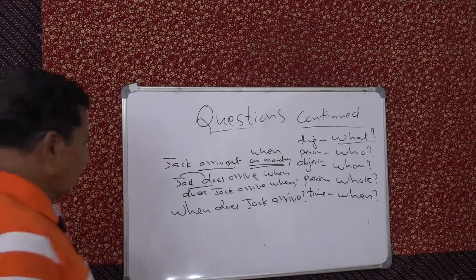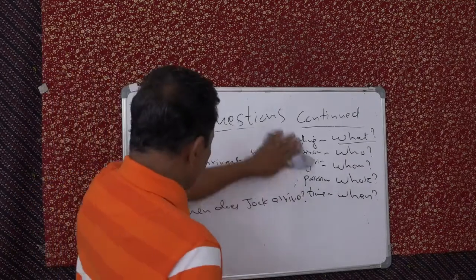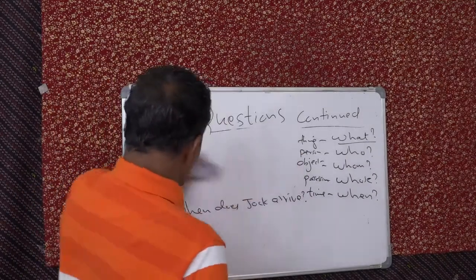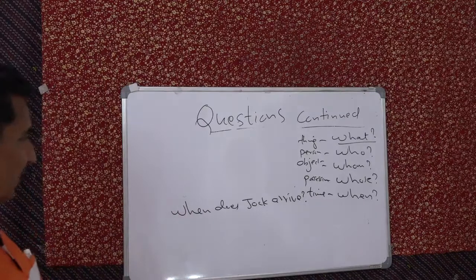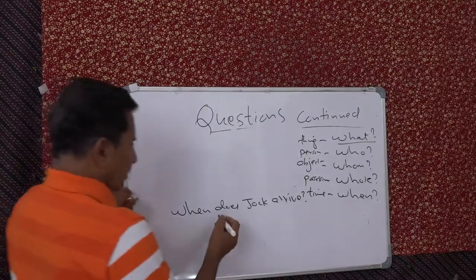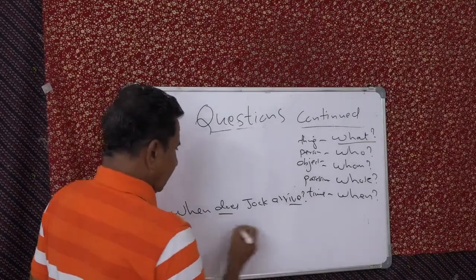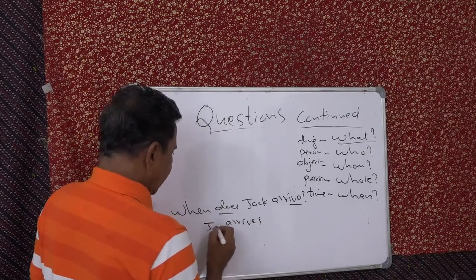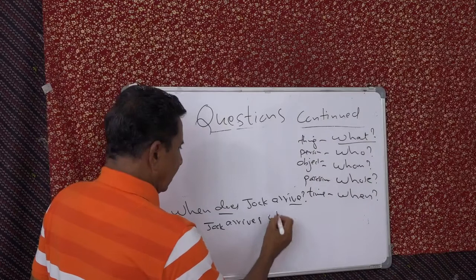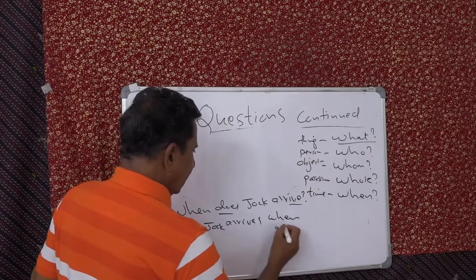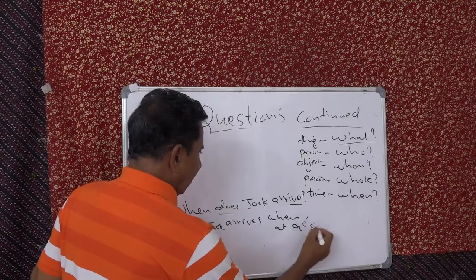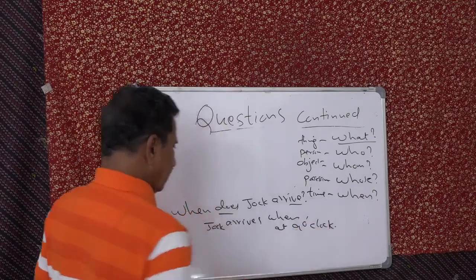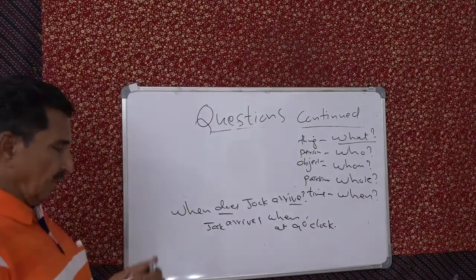You should be able to do the reverse. Yes, let us see whether we can do it. When does Jack arrive? Okay. So, does arrive is arrives. Subject is Jack. Jack arrives when? At 9 o'clock. Time, any time you can. So, Jack arrives at 9 o'clock.